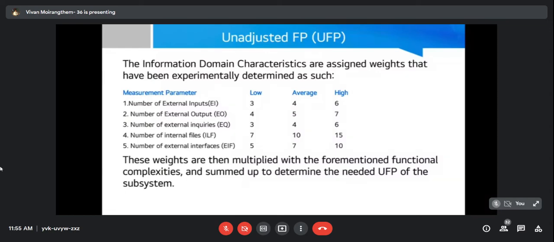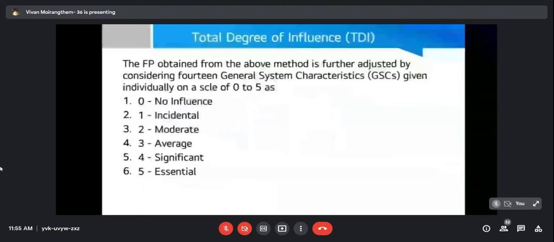Next, we will need to calculate the value adjustment factor. Now, the value adjustment factor can be calculated by the formula: total degree of influence, TDI, times 0.01, plus 0.65. Now, the unadjusted function point is still, at the end of the day, unadjusted.